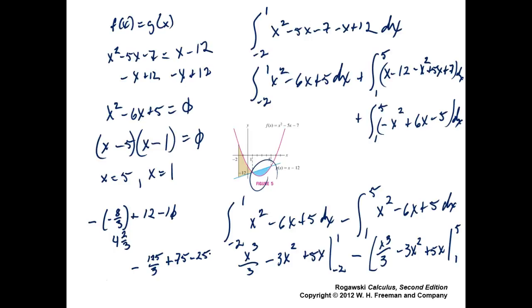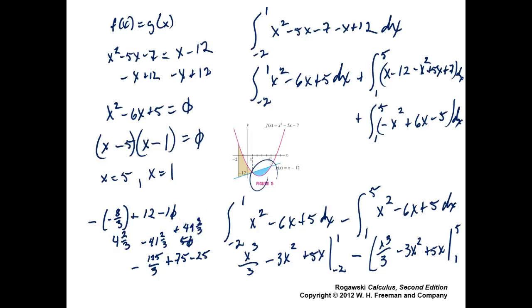So that's going to be a 50 here, right? And this is going to be a negative 41 2/3, isn't it? So this will be a 49, it's a negative 41 2/3, so positive 49 3/3.